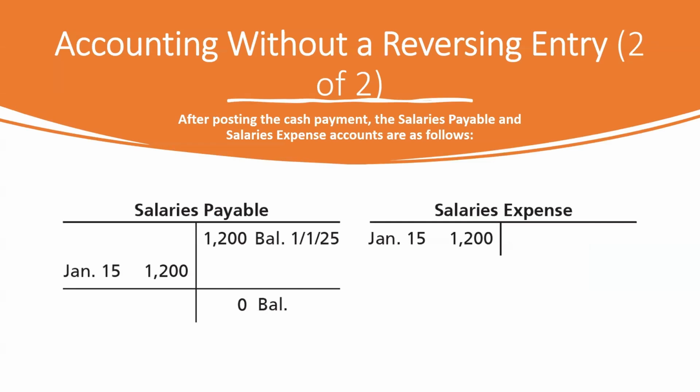Now, this method of recording the cash payment is correct. However, it wastes time because the business must refer back to the December 31st adjustment. Otherwise, the business does not know the amount of the debit to salaries payable, in this example, the $1,200. So searching December's adjusting entries wastes time and money. So to save time, accountants can use reversing entries.